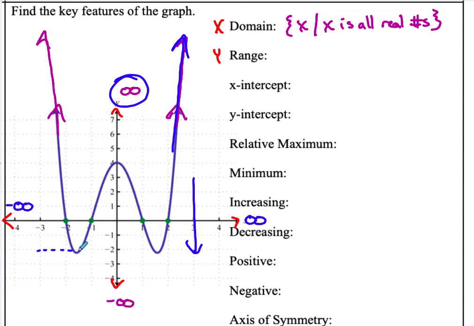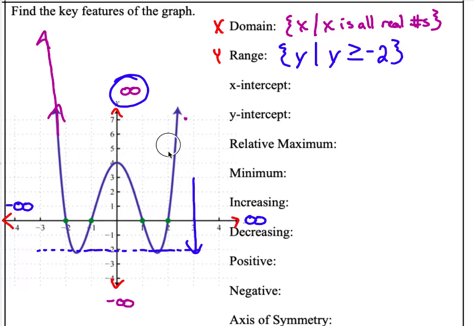Here it gets capped at negative 2. It never gets lower than negative 2. It gets higher than negative 2, but never lower. So for my range, I would say y such that y is greater than or equal to negative 2. Basically saying negative 2 is the lowest y goes, but I can do everything that is bigger than that.